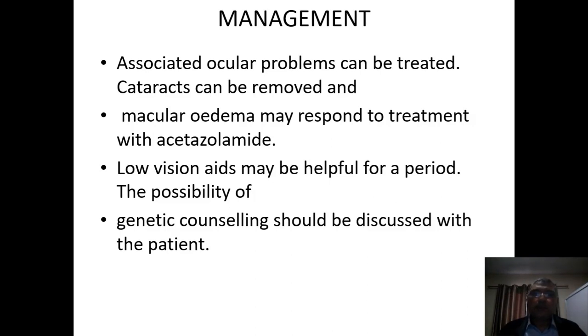Management: management of associated problems like cataract removal, macular edema treatment with acetazolamide, low vision aids, and genetic counseling to discuss the condition with the parents and the patient.